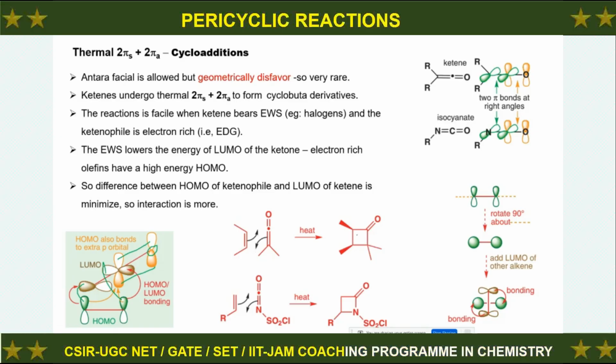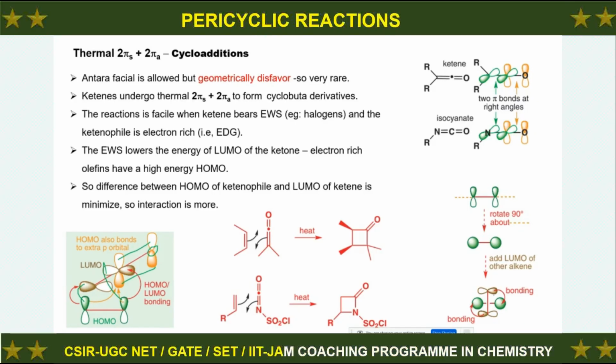Now this 2+2 cycloaddition can happen. It will end up here. So the hetero double bonds also can participate in the 2+2 cycloadditions under thermal conditions. Okay. So this is a top angle view. One of the orbitals is approaching like this, one of the orbitals is approaching like this. Now it's bonding.